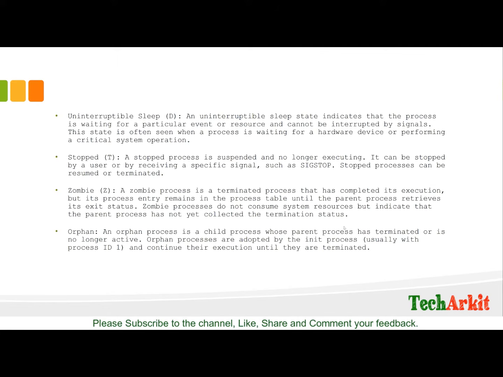An orphan process is a child process whose parent process has terminated or is no longer active. Orphan processes are adopted by the init process, usually with process ID 1, and continue their execution until they are terminated.